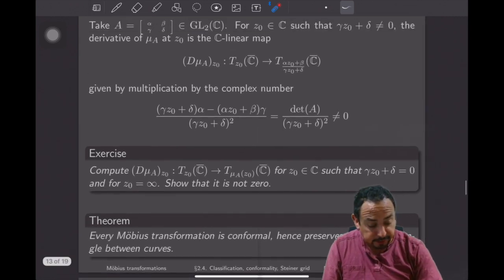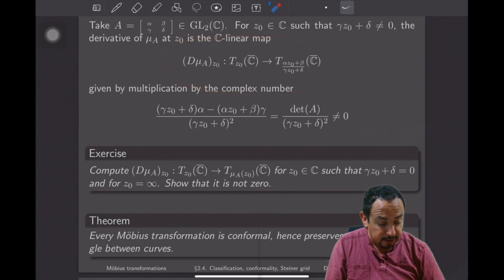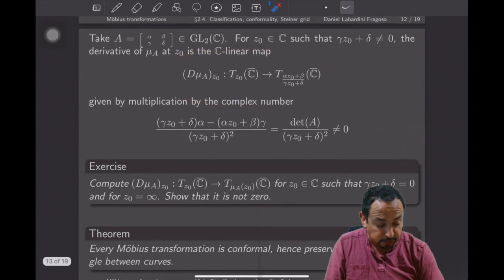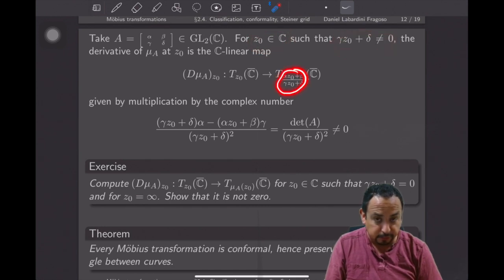Okay, but somehow this is the easy case where the point in C bar that I took is a complex number, and its image under the Möbius transformation is also a complex number.